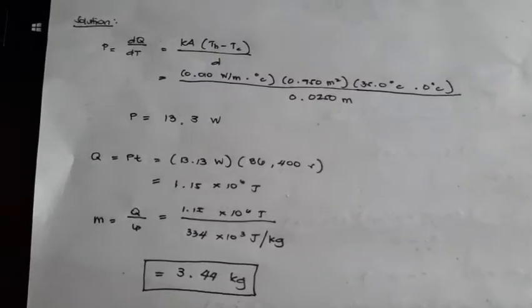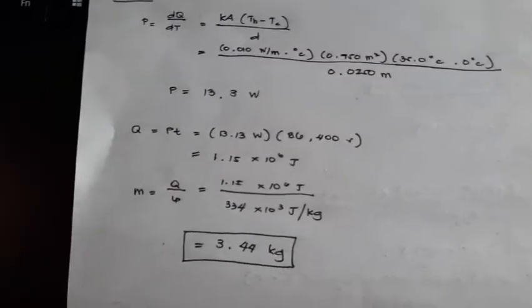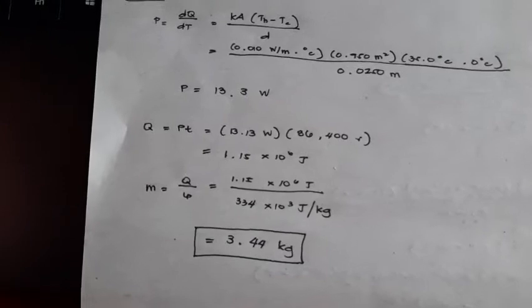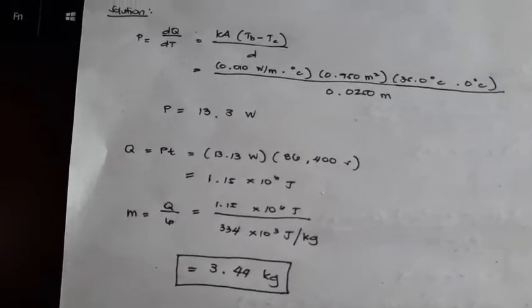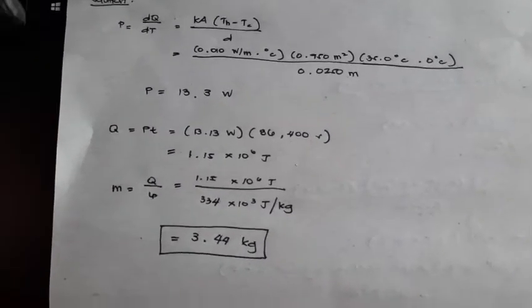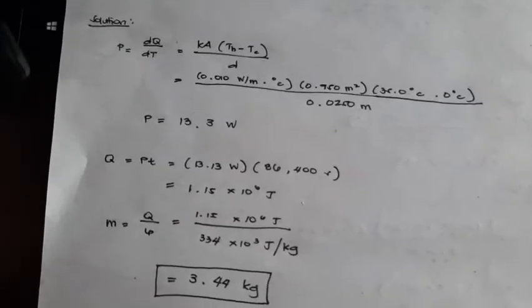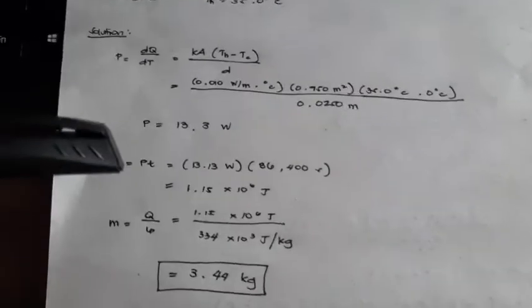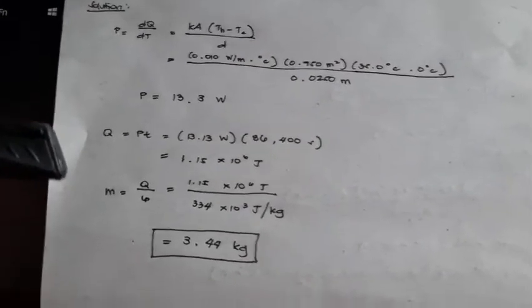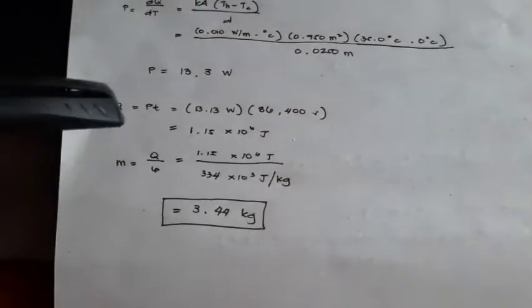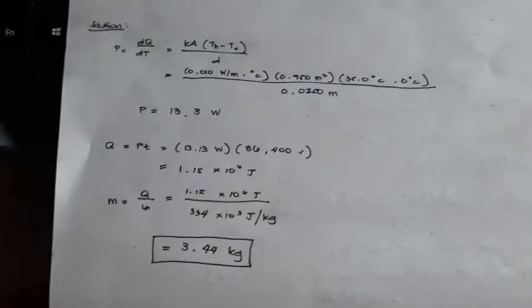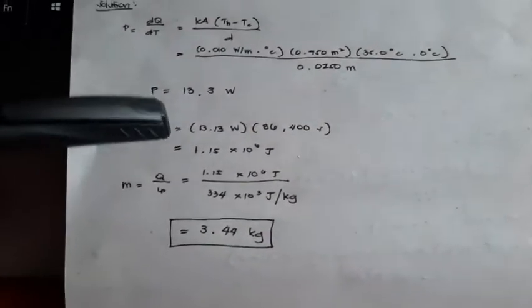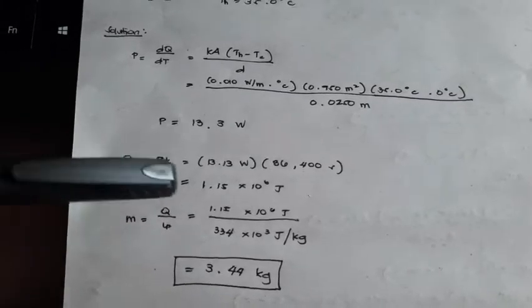To calculate the ice melted in one day if the icebox is kept in the trunk of a car, we need to multiply the rate of heat transfer by the time, which we converted into seconds. So we obtain this formula: P times time.